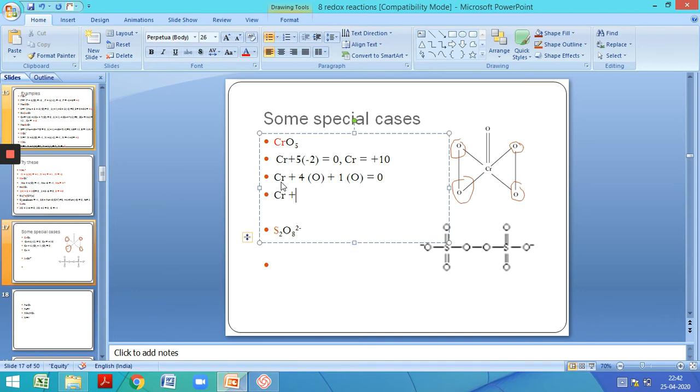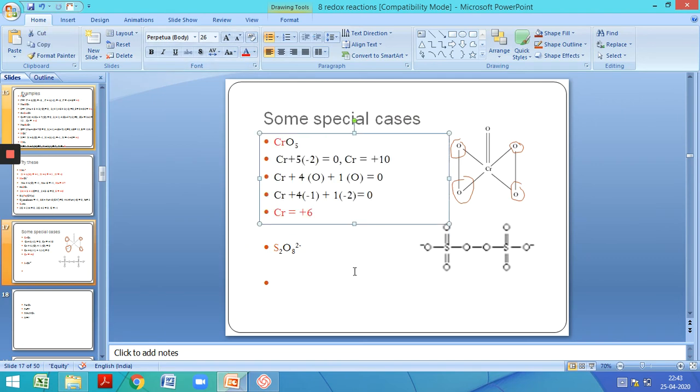The 4 oxygen atoms are peroxide, so 4 times minus 1, plus 1 normal oxygen, which has a minus 2 oxidation number. This whole thing is equal to 0. Therefore, the oxidation number of chromium comes out to be minus 4 minus 2, which on the other side is plus 6. The oxidation number of chromium here comes out to be plus 6.